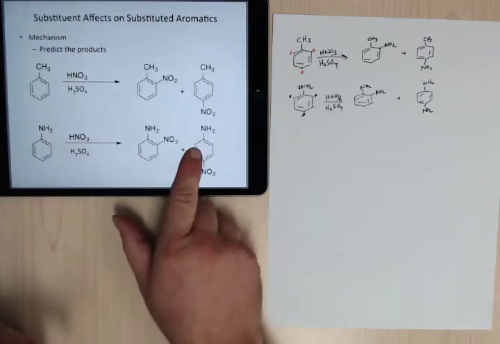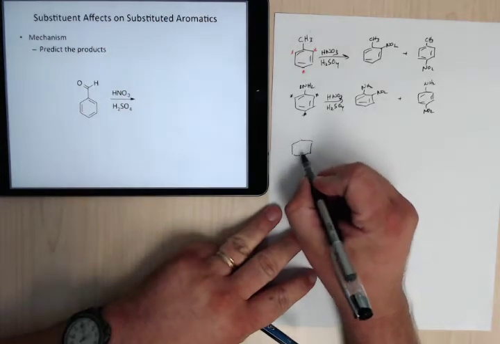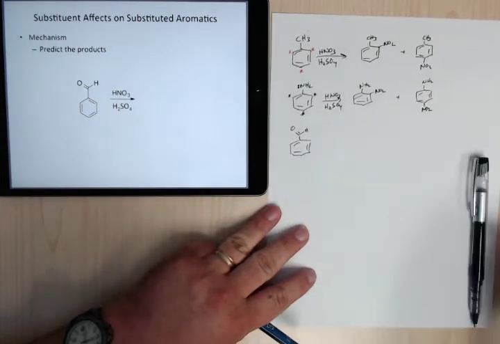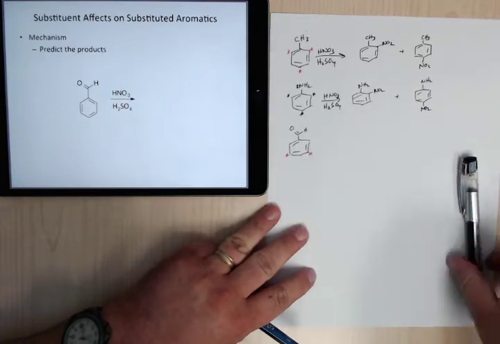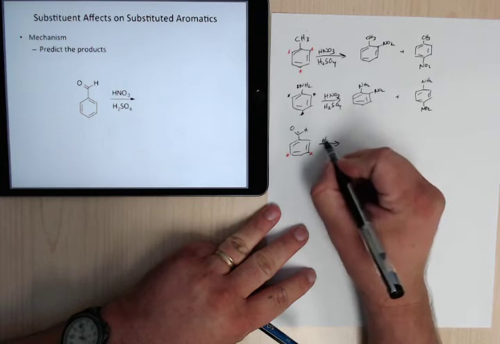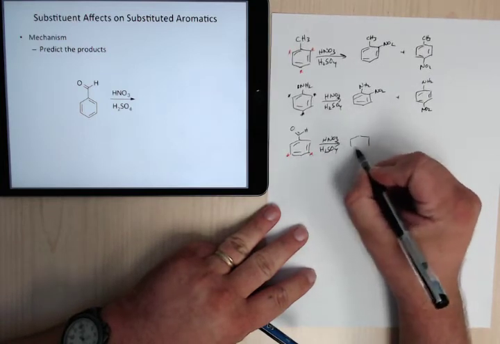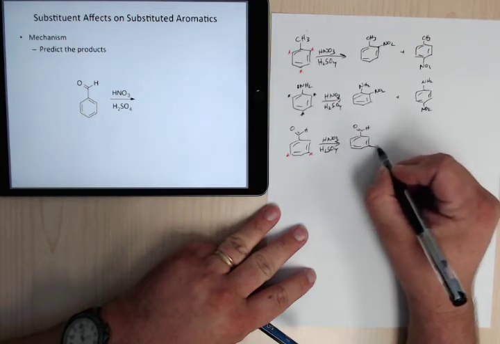We have benzaldehyde like this. Remember, we have a C double bond O next to the ring, so that's going to be a meta director. So that's two away, so it's here and here. HNO3, H2SO4, NO2.